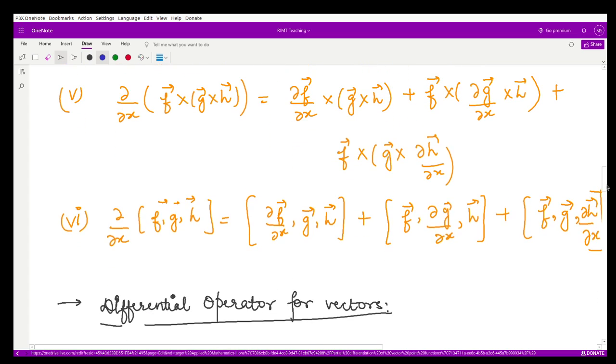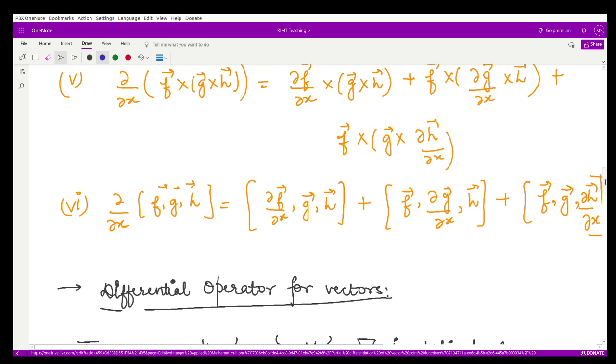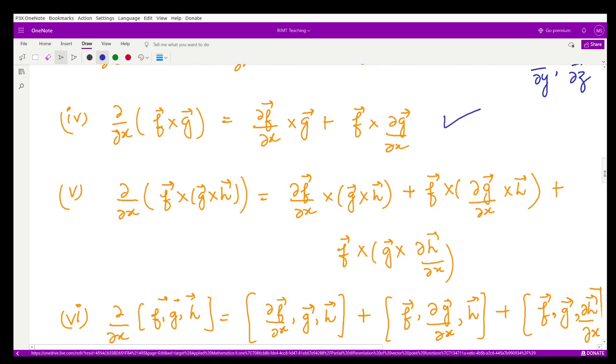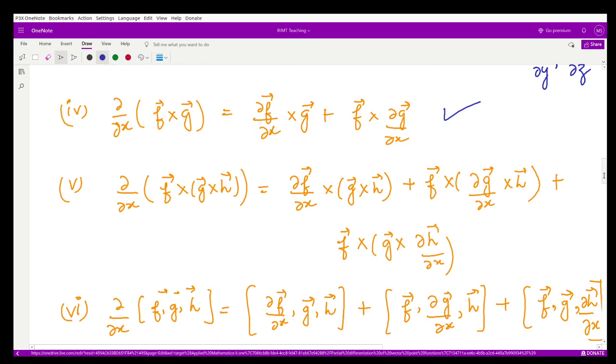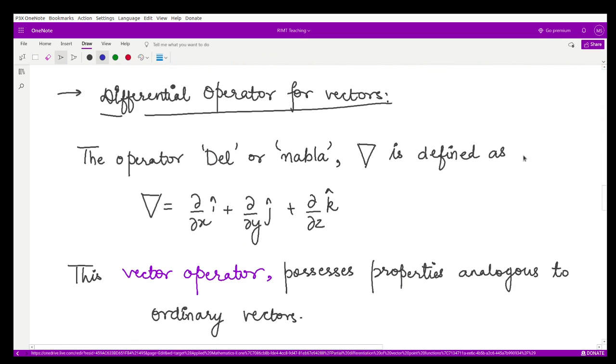So now let us move on to the next important topic that gives you insight into various physical phenomena. Now what is this? The operator. First of all, you should know the meaning of operator. An operator is the one which operates on something, which performs something.